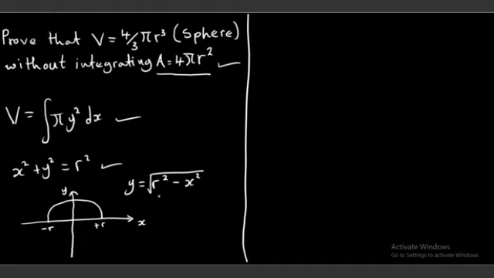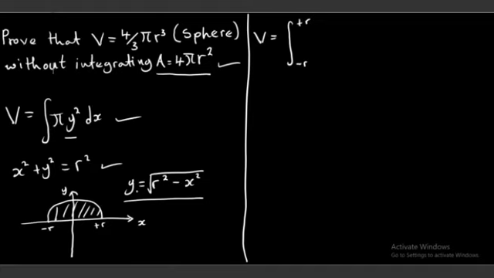Then we are going to substitute the value of y into this formula, and that will give us the volume as the integration, but this time our limits are minus r to plus r, since the semicircle makes a 360 degree revolution.